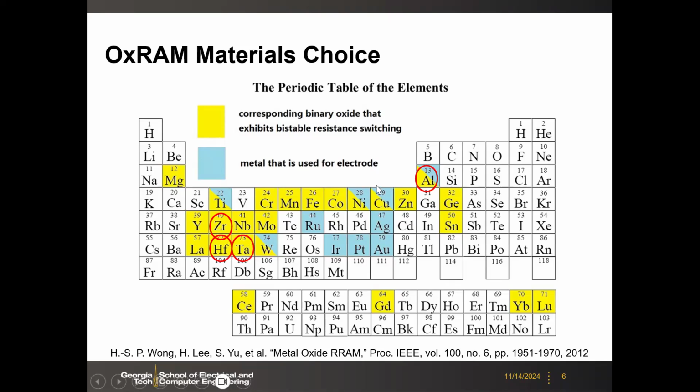Those materials are more compatible with CMOS fabrication, because many of them, for example hafnium oxide, have already been used in the high-k metal gate process. So this is friendly to the industry. But of course, research groups explore exotic elements.